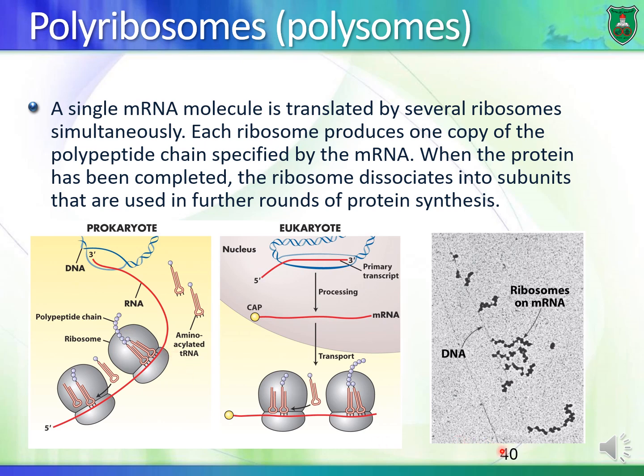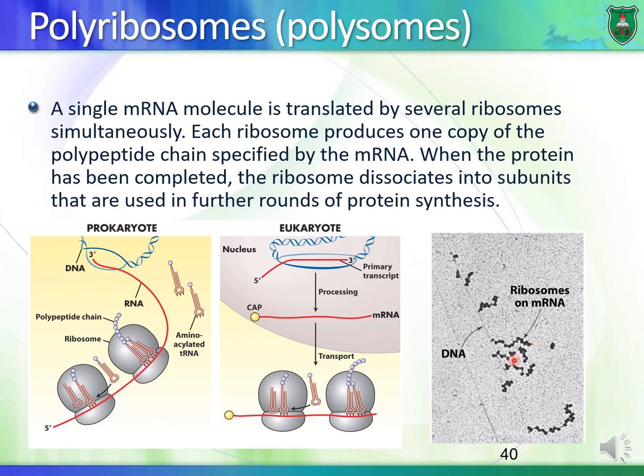Okay, so here you have the DNA right here, and here you can look closely, you have the messenger RNA right there, and you have multiple ribosomes synthesizing polypeptides from this one single messenger RNA molecule.